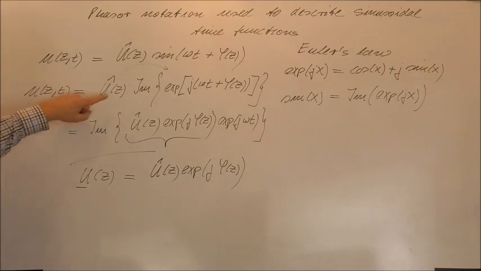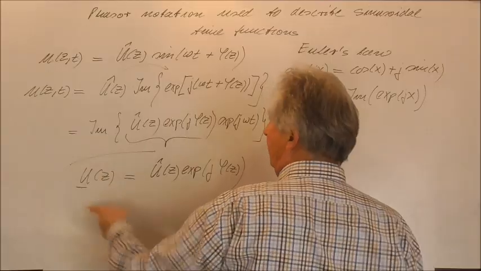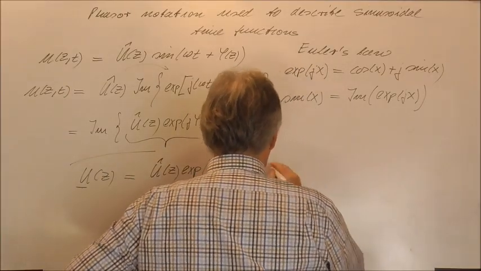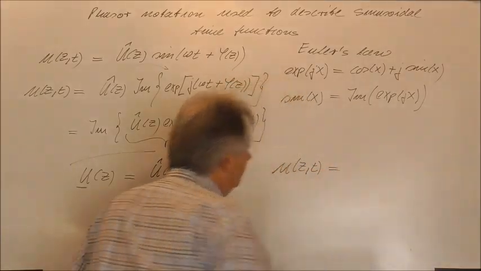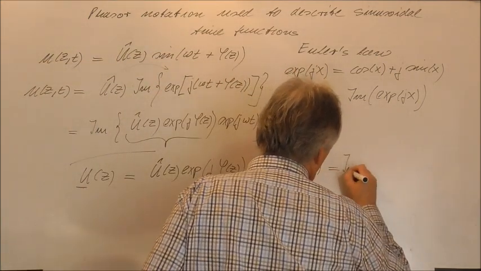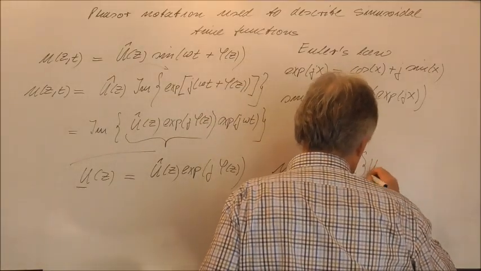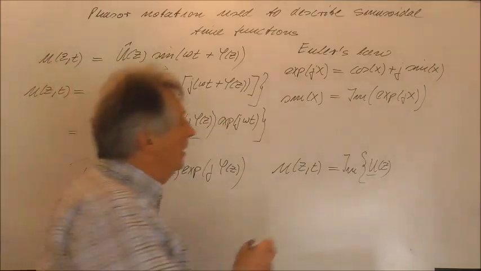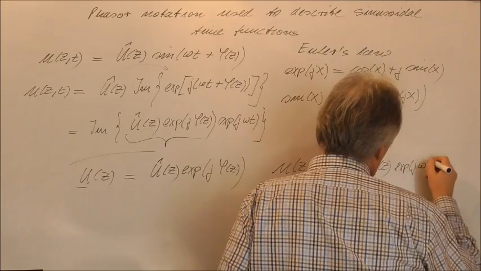And if we go back to this point, we can say as a result, if we know the phasor, we can find that u of z, t will be equal to the imaginary part of our phasor times the exponential function e to the j omega t.